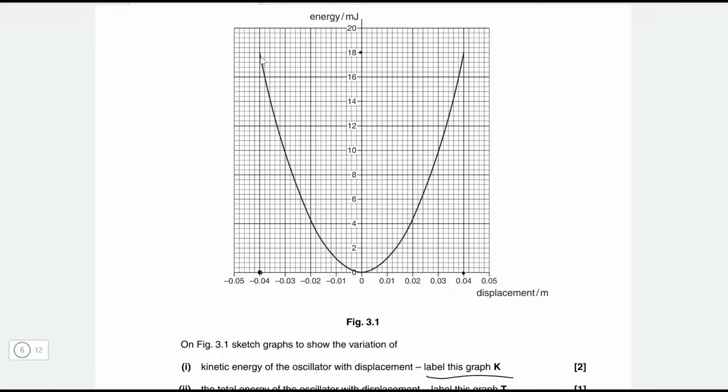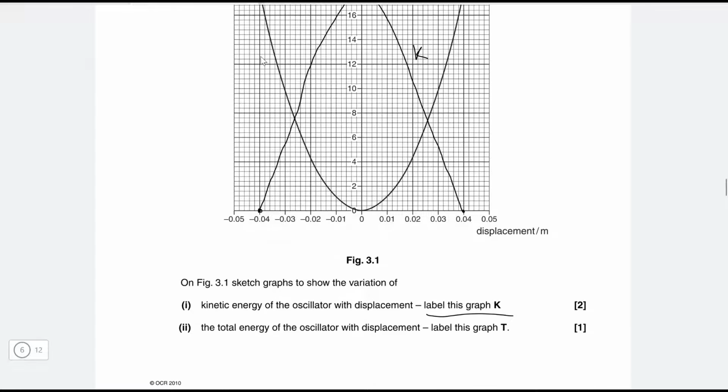So essentially at the maximum displacement we have 0 kinetic energy, and it will be in a way a mirror curve. Let's see if I can draw this on my digital whiteboard like this. I can be a little bit more careful than me in the real exam, but yeah, so this curve here is K. This is the kinetic energy.